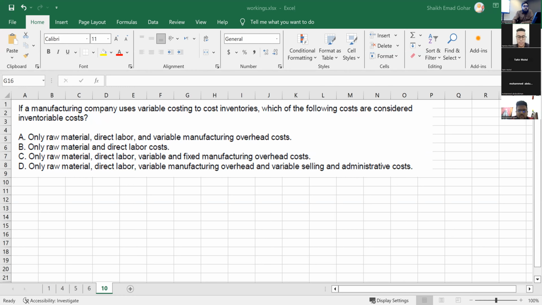The question is, if a manufacturing company uses variable costing to cost inventories, which of the following costs are considered inventoriable cost? Means product cost. Very simple question. You can quickly answer this question.